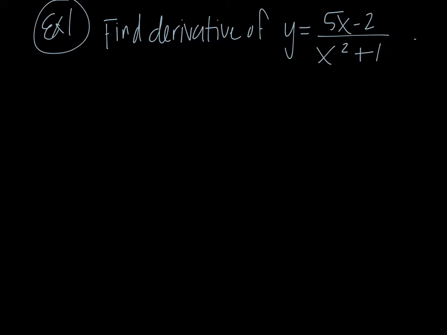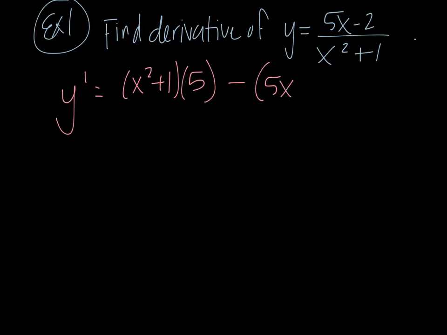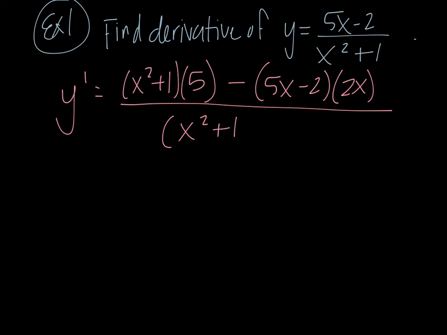So the way it works is we do low d high, so low stays the same, times the derivative of the top, which is just 5, minus high, leaving the top the same, d low, which is the derivative of the bottom, all divided by low low, which is the denominator squared.